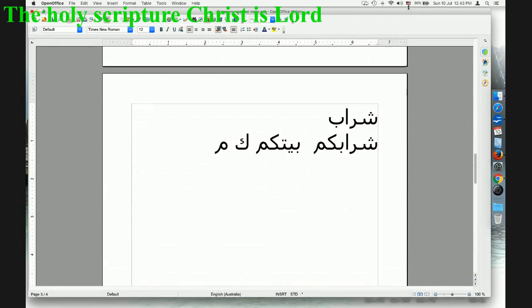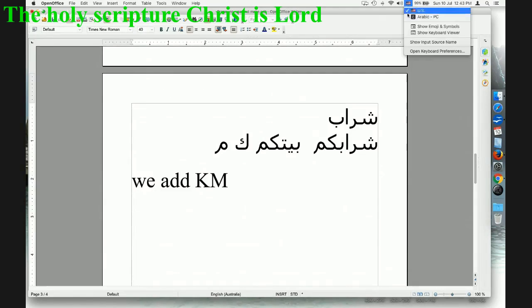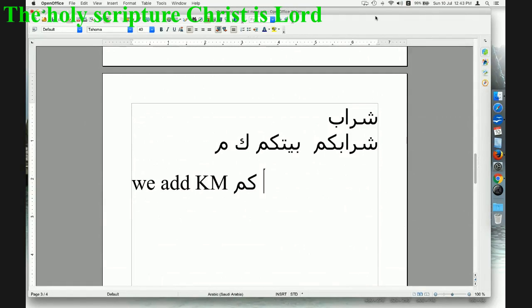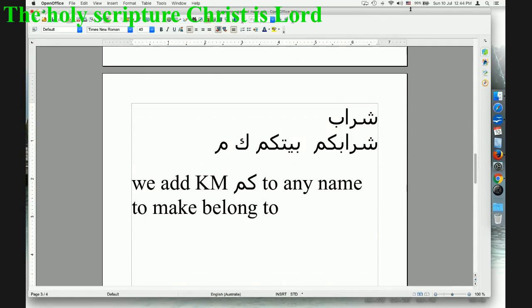So you can make a note: we add kum, which in Arabic is كم, to any name or object to make it belong to two and more.